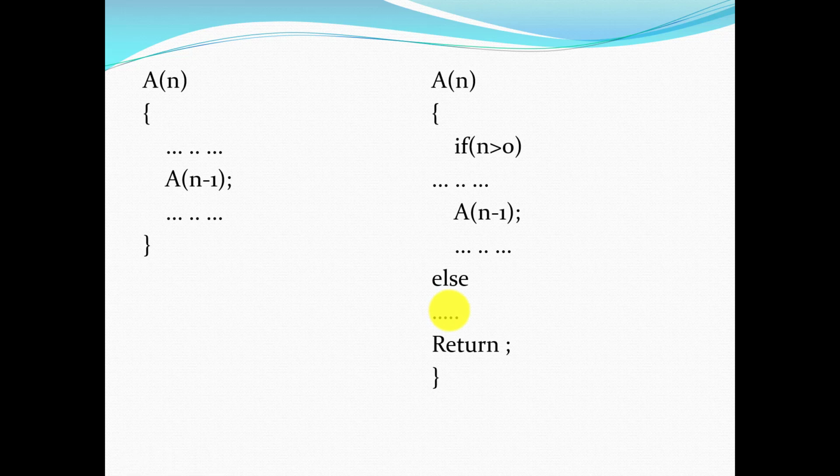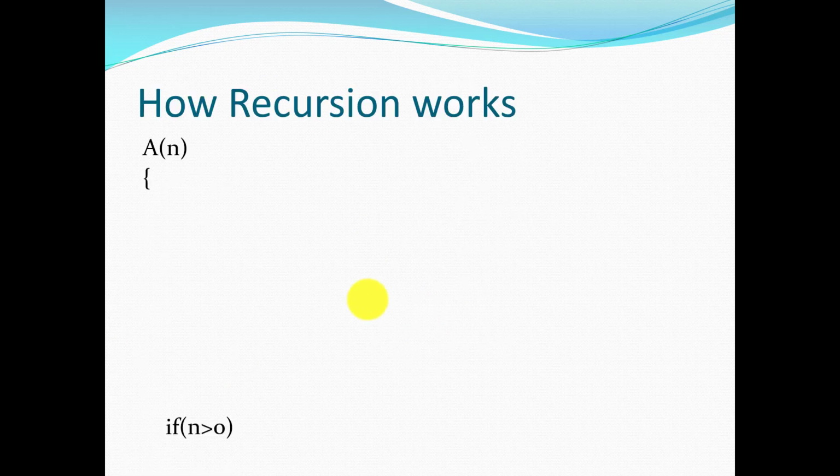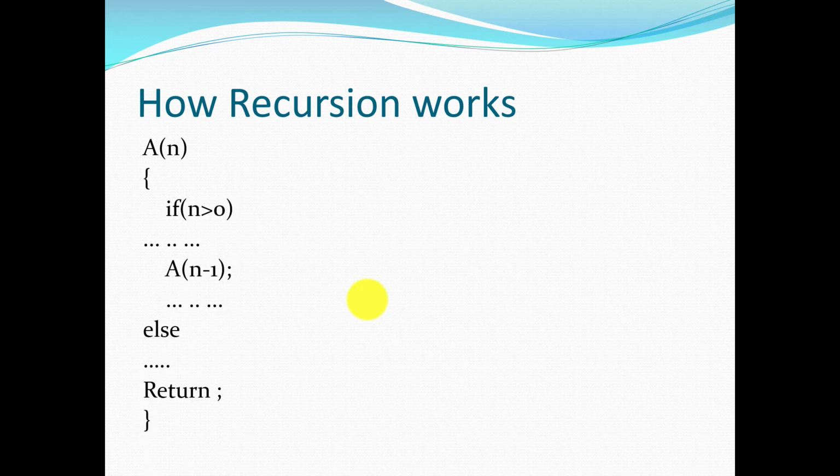Now how to stop it? By writing some conditions. For example, understand this function. If I consider n as 4, then as long as n is greater than 0, that is 4 is greater than 0, it executes A of n minus 1, and this is called the recursive stack.